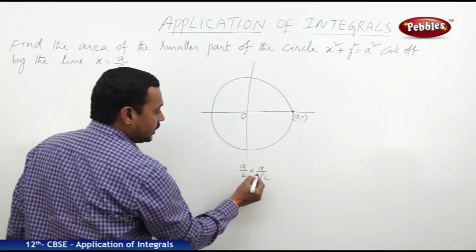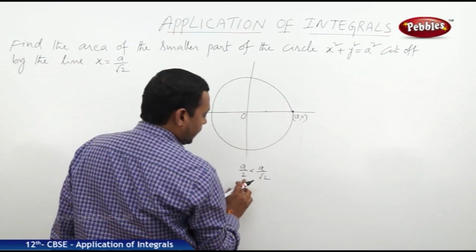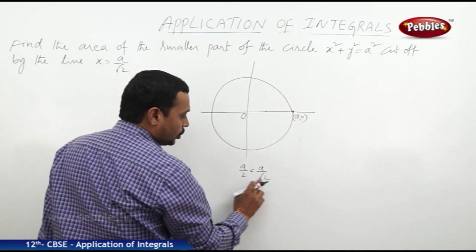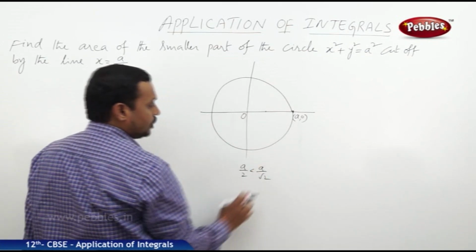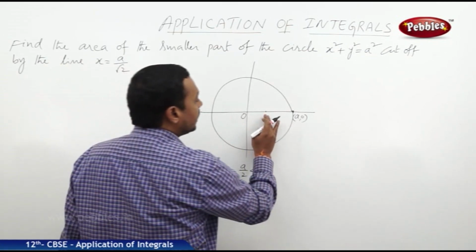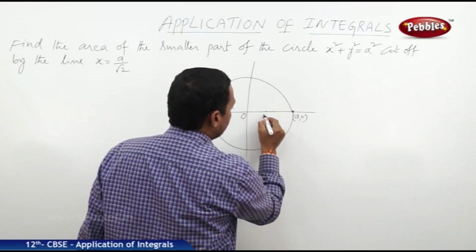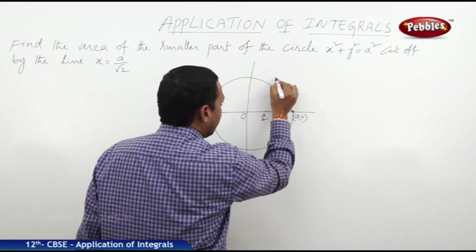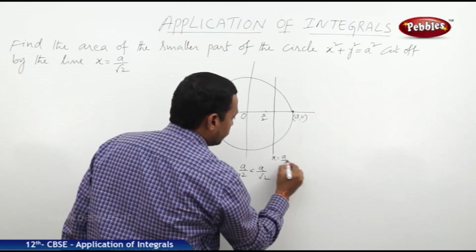A by root 2 is more than a by 2, because the denominators are 2 and root 2, so root 2 is the smaller one. That's why a by root 2 is nearer to a. Suppose a by 2 is this quantity, then this will be the line x is equal to a by root 2.